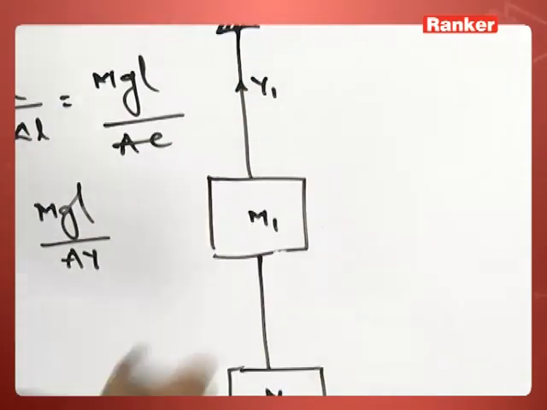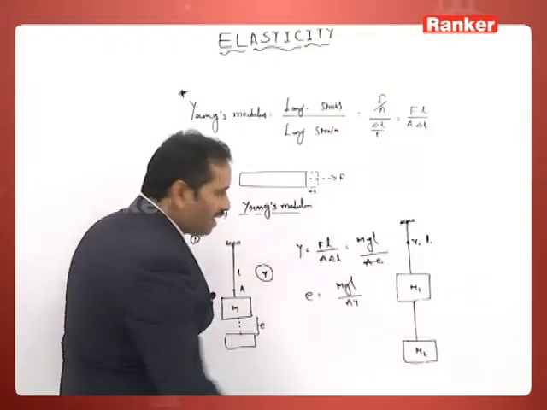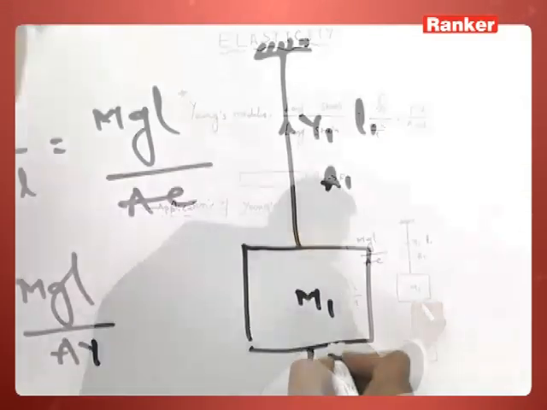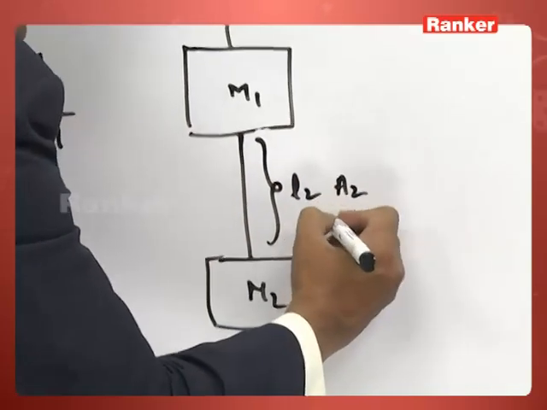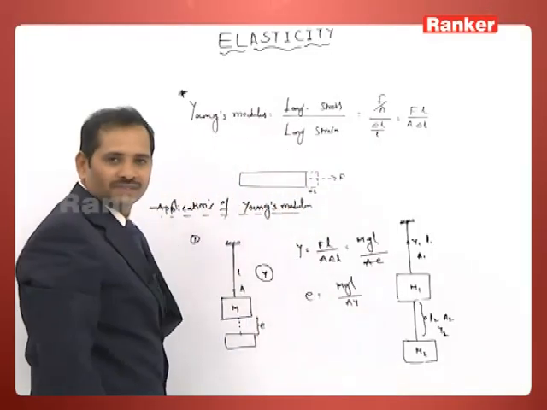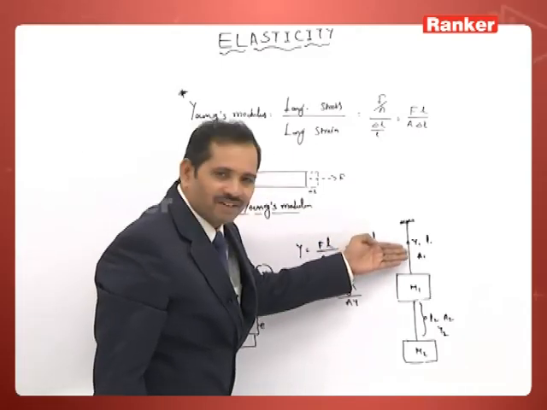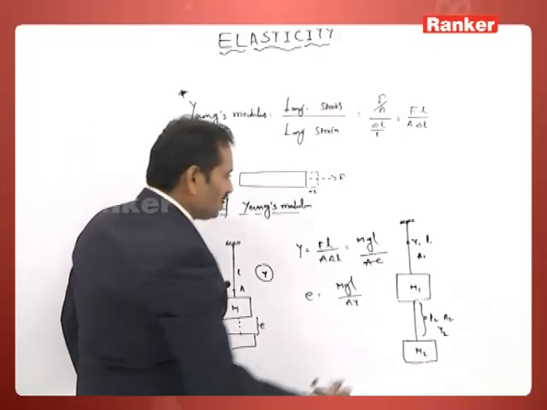Young's modulus of this wire, let it be Y1. Length is L1. Area is A1. Similarly, length of this wire is L2. Area of cross section is A2. Young's modulus is Y2. They will ask us like this. What is extension produced in the upper wire? Extension produced in the second wire.